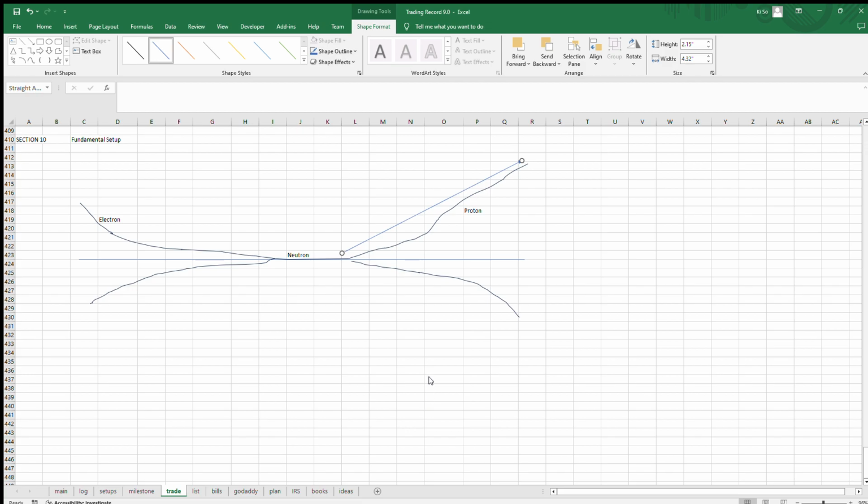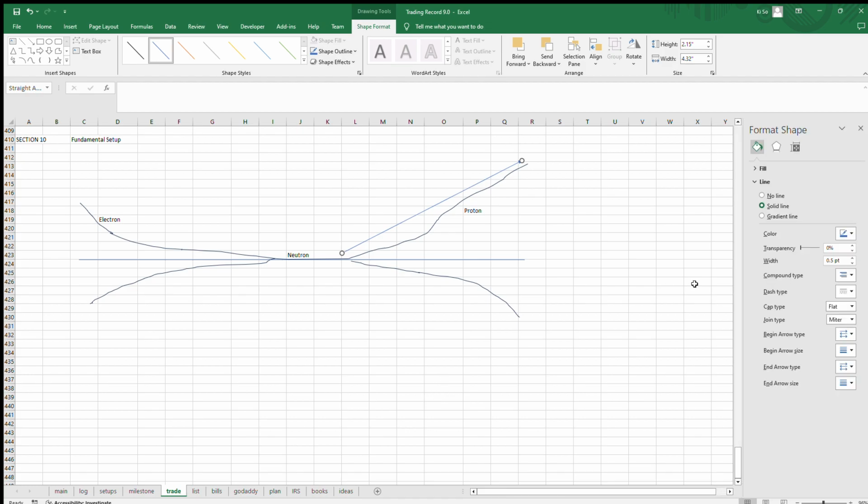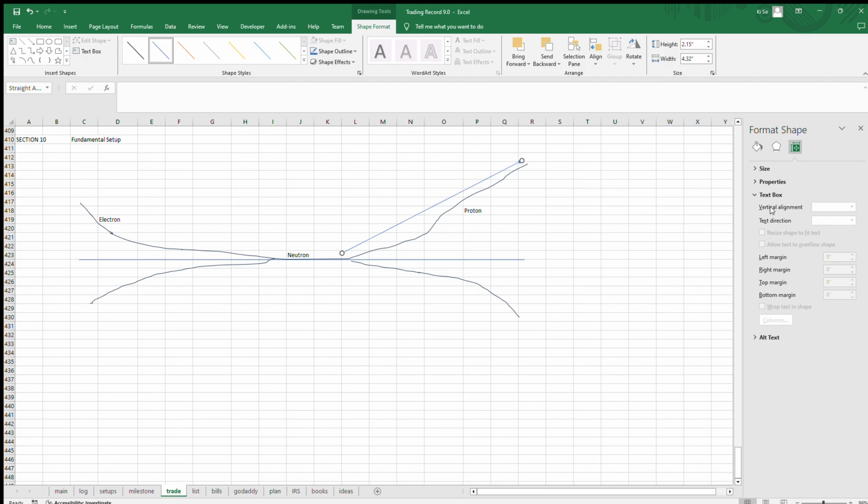I wonder if I can label that. Is there a way to put a text on it? Text box. Text direction.